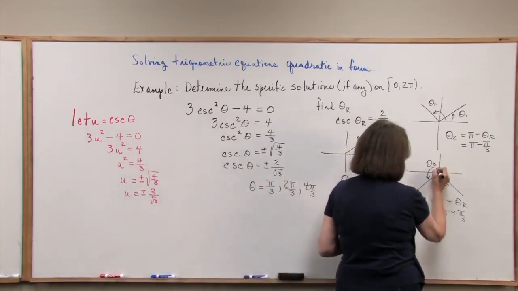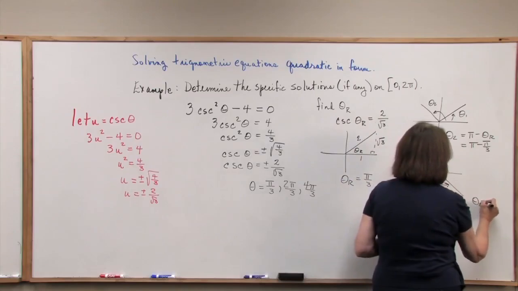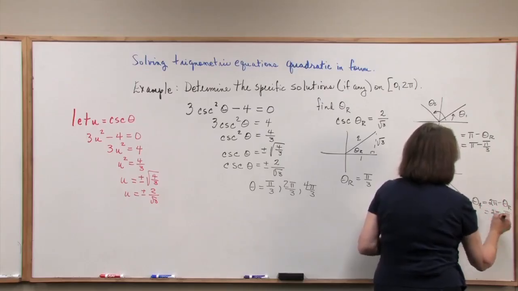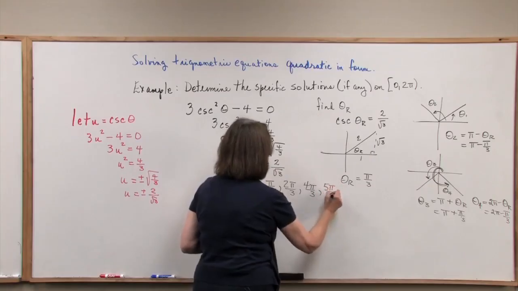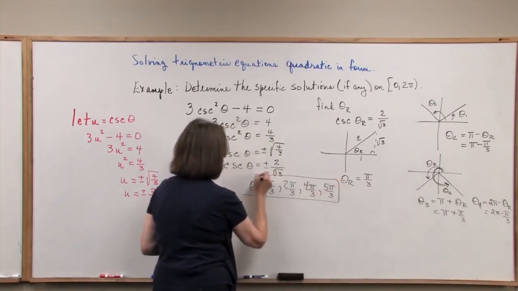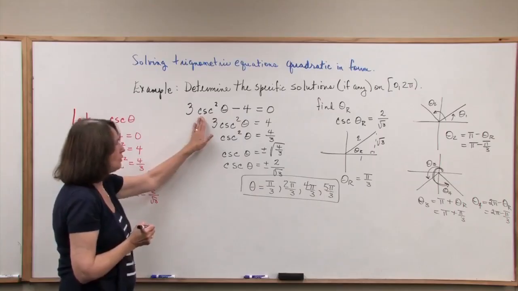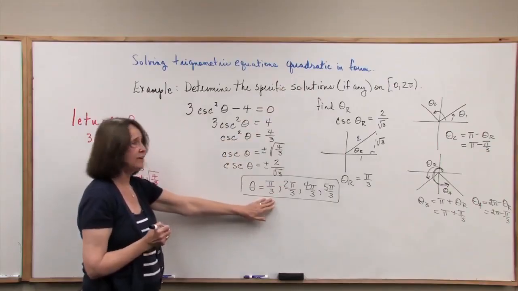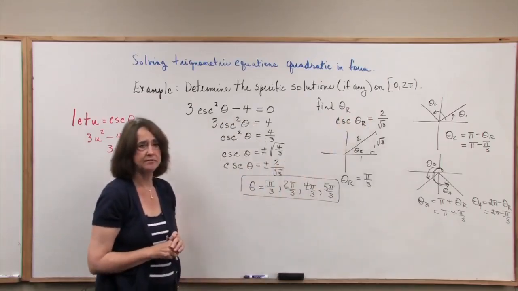Finally, in quadrant 4, we will get our solution by subtracting the reference angle from 2 pi, and that gives us 5 pi over 3. This trigonometric equation that is quadratic in form has 4 specific solutions on the interval from 0 to 2 pi.